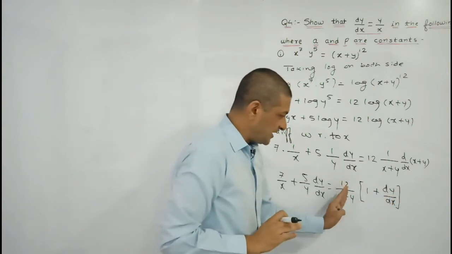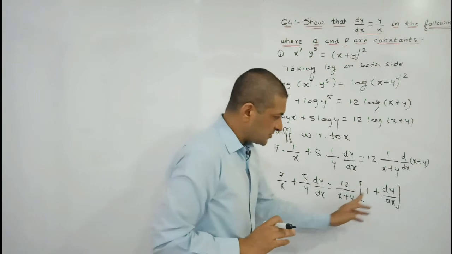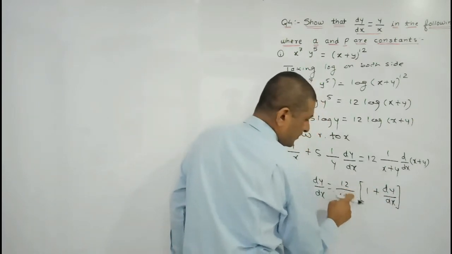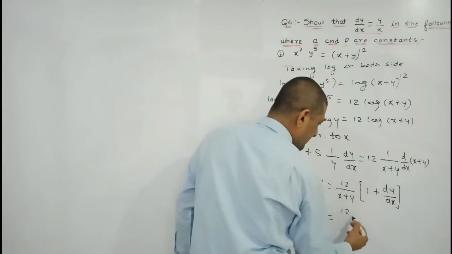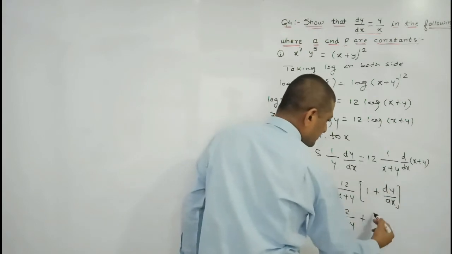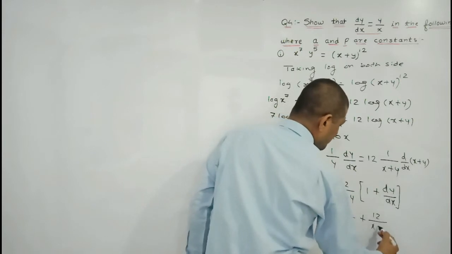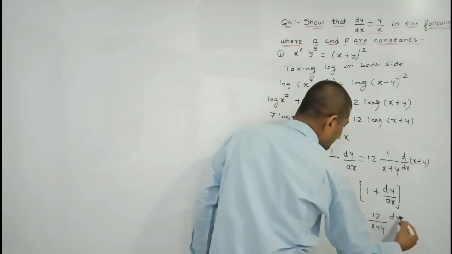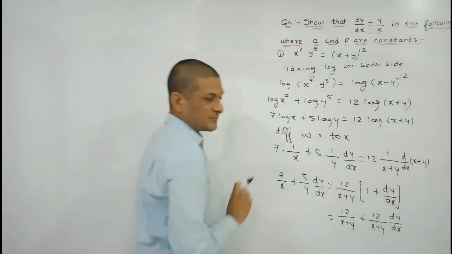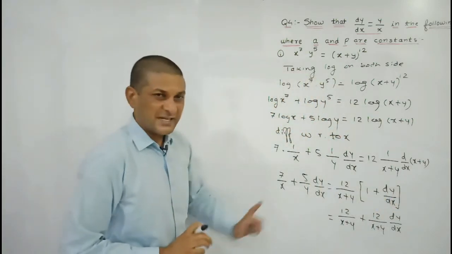But first we will multiply by 12 upon x plus y to both the terms in this bracket. So if I multiply 12 upon x plus y to the first term, here we will get 12 upon x plus y. Plus, now I am multiplying the second term, 12 upon x plus y into dy by dx. Just simply multiply by 12 upon x plus y to both the terms in this bracket. Keep this left hand side as it is.